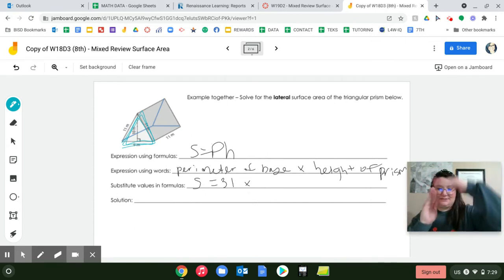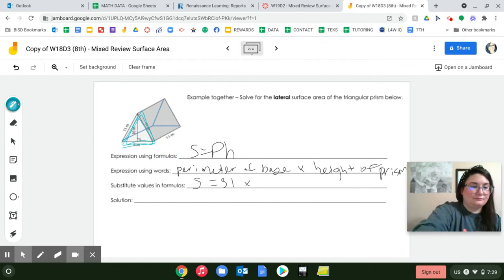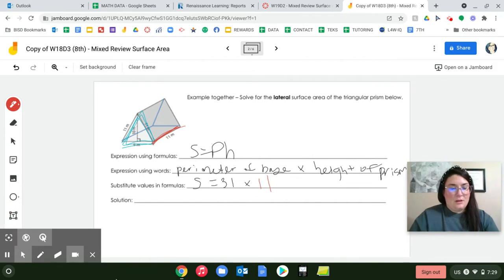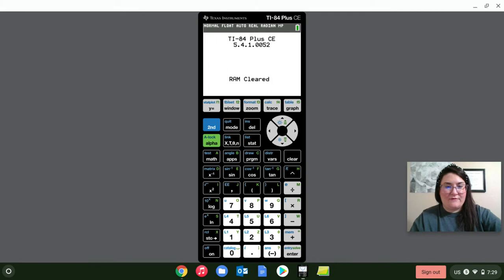I have my two bases. The height of the prism is the distance that connects those bases together. So this is the height of my prism, right here, 11. And I'm just going to color it a different color so we can know that we're working with that times 11. So my solution, I'm just going to come over here to my handy dandy calculator. 31 times 11 is 341.